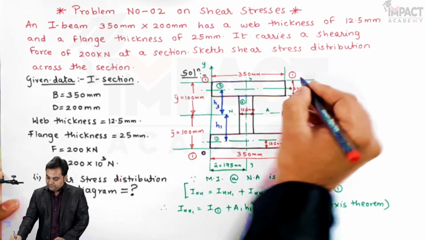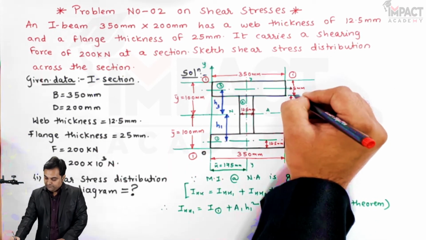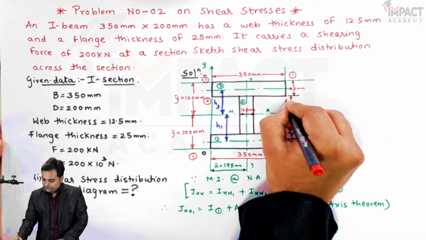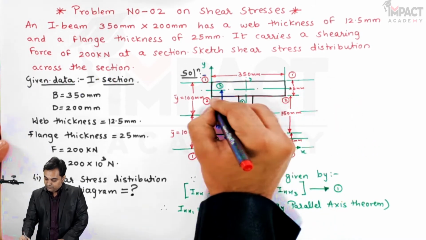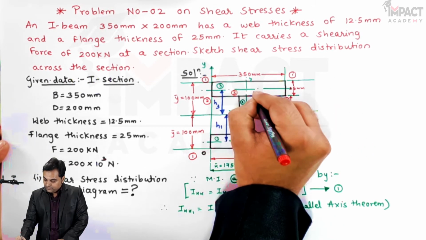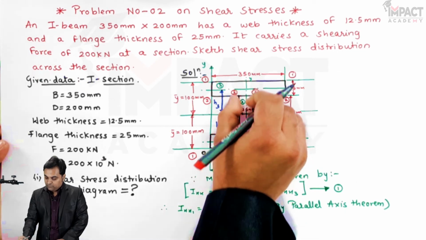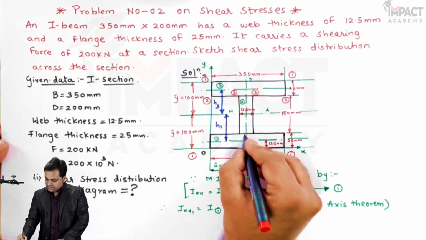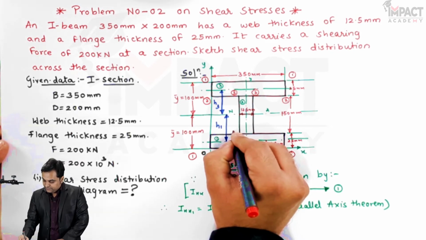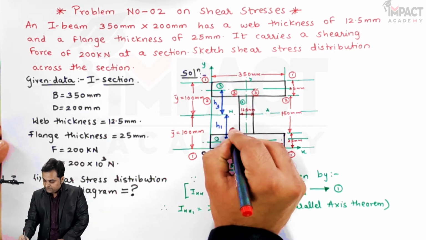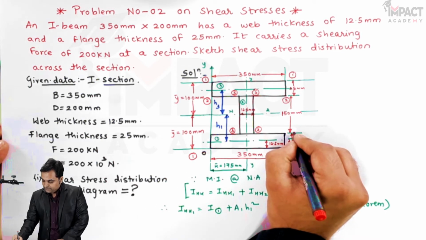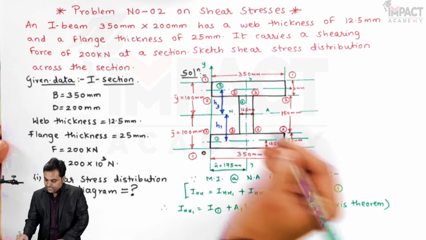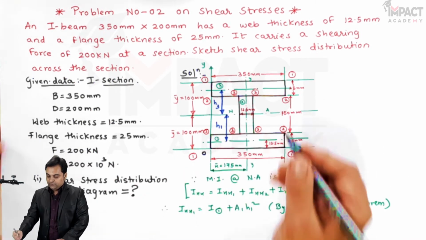Next, after covering a depth of 25 mm, there is another layer, layer 2 2. At this same height of 25 there is one more layer 3 3, which has a width equal to 12.5 mm. Similarly this is also 3 because of the symmetric section. I'm keeping the notations the same to avoid any confusion. Then there would be a layer at the neutral axis.